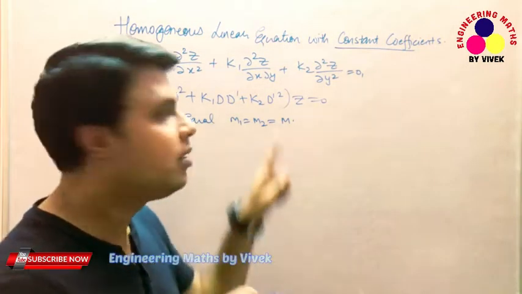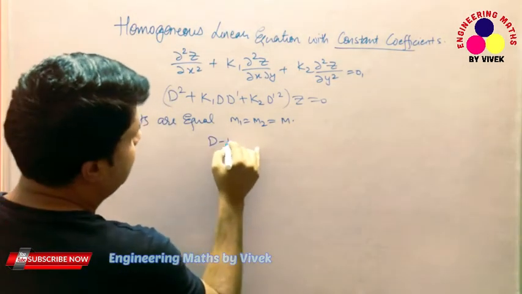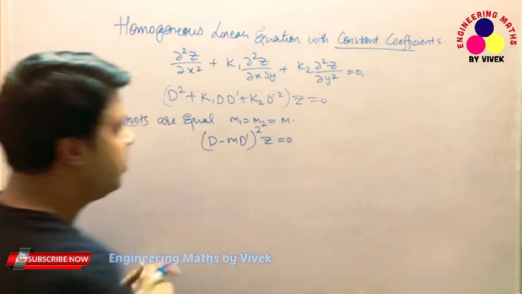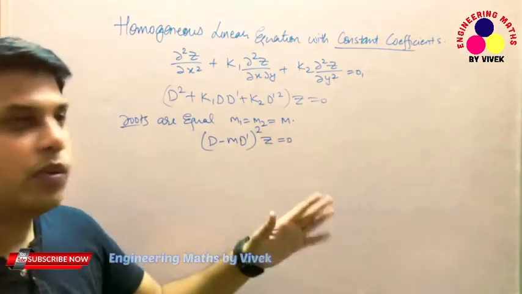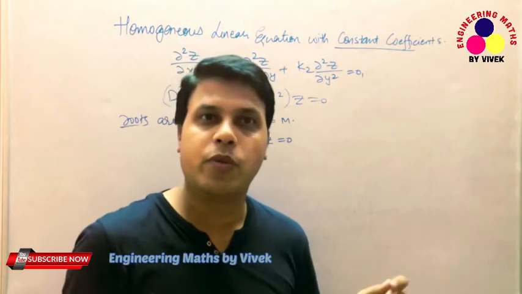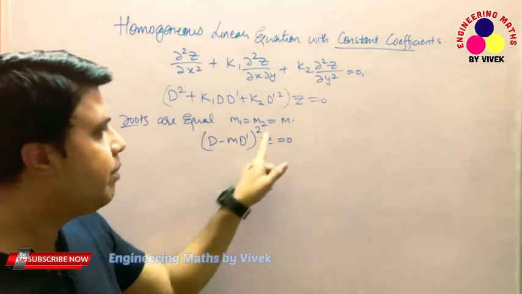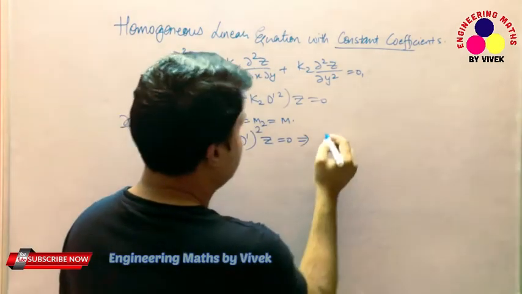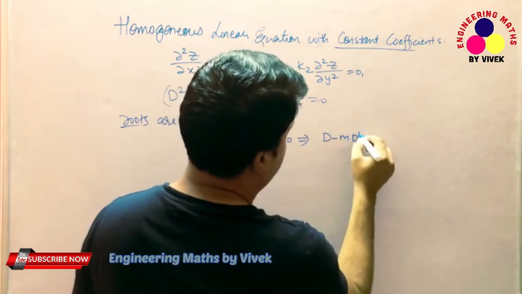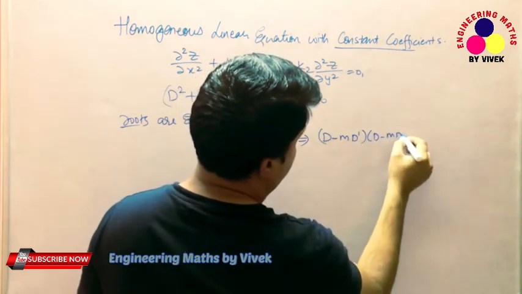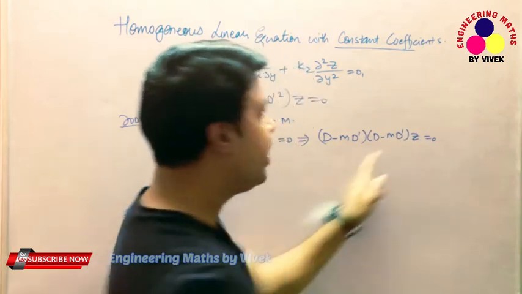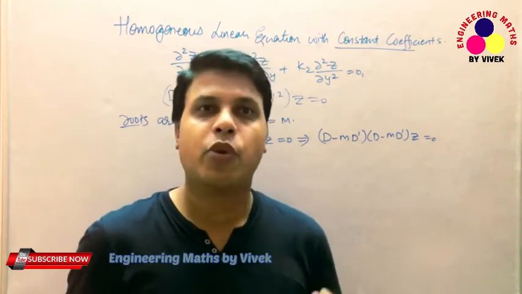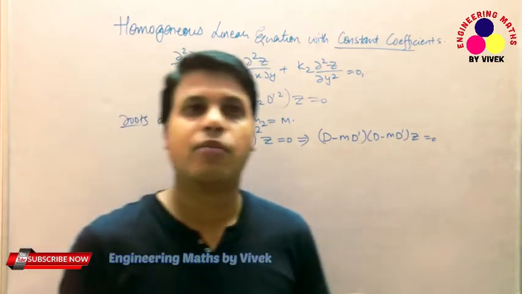So we can write the equation. If the roots are equal, then definitely both brackets are going to be equal and we'll have (d minus m d prime) square z equals to 0. We can write in this format also. Now as I told you, when two numbers are there, their product can be 0 if one of them is 0 or both are 0.